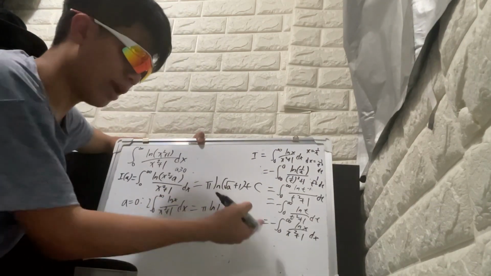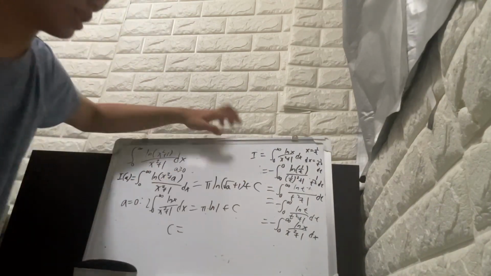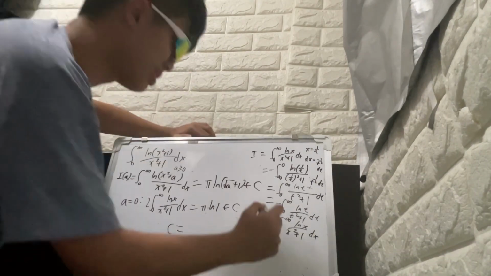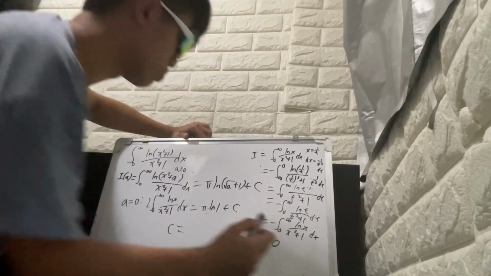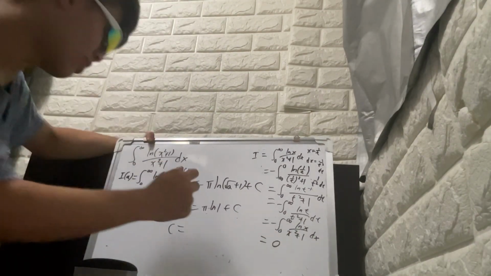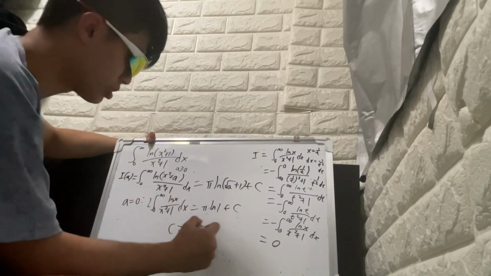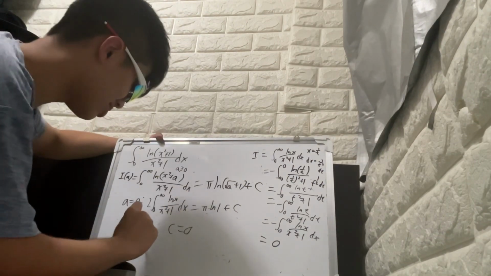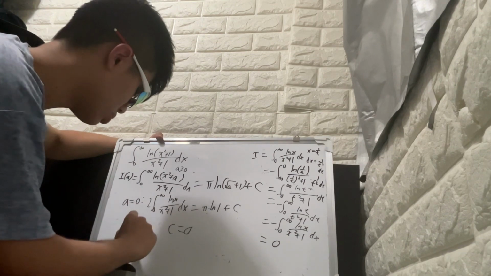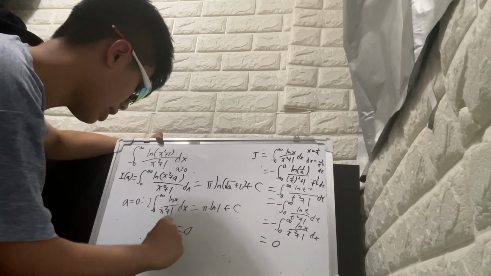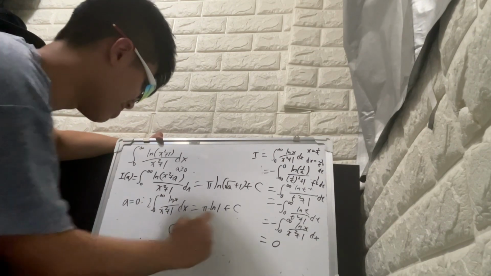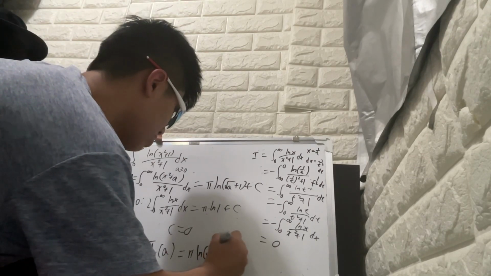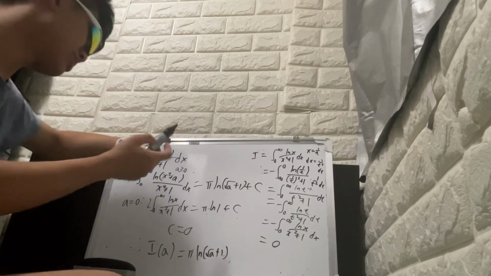Then you just need to add these two integrals together. You get that this integral is equal to 0, so you just get a constant: 2 times 0 is just 0. So for this original question, we already know that I of a is equal to pi times ln of square root of a plus 1. But what is this equal to?